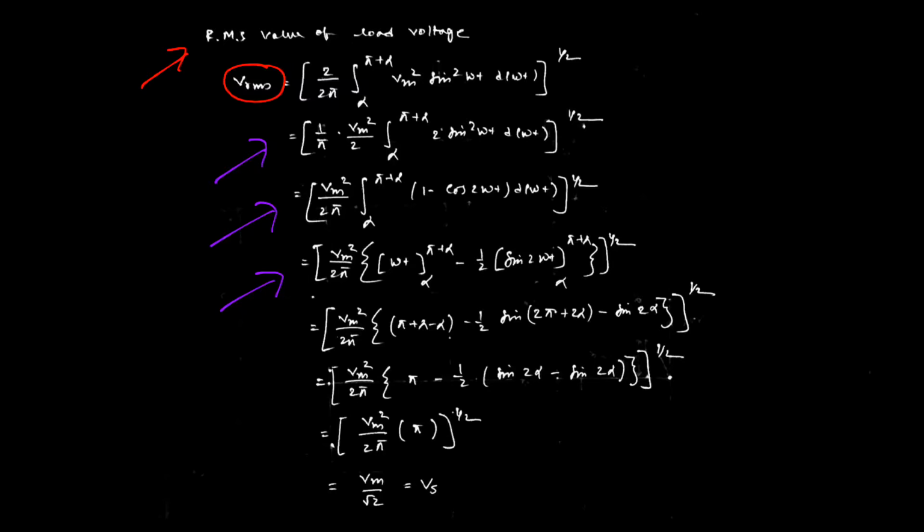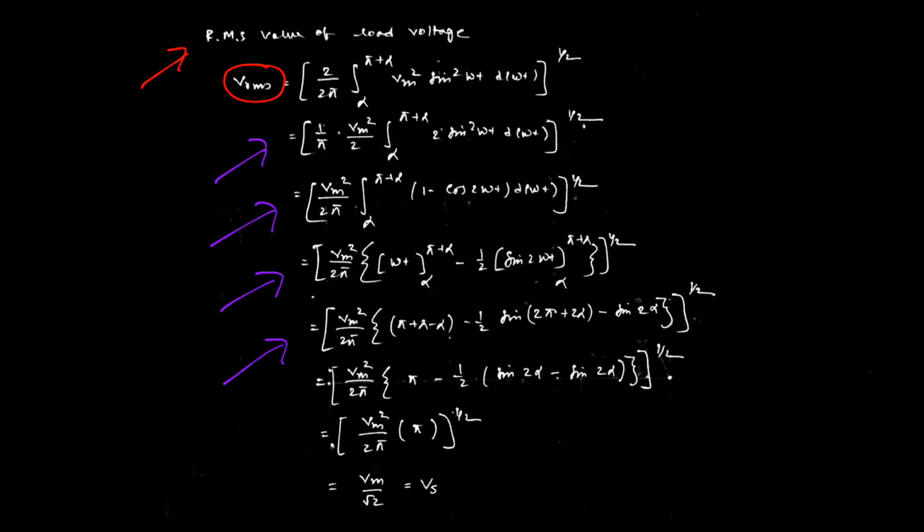So after simplification, we again have Vm square by 2 pi, considering upper limit minus lower limit, that means pi plus alpha minus alpha, minus 1 by 2 sine 2 pi plus 2 alpha minus sine 2 alpha.